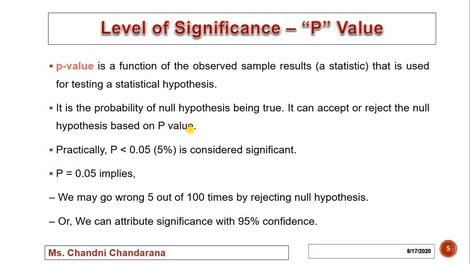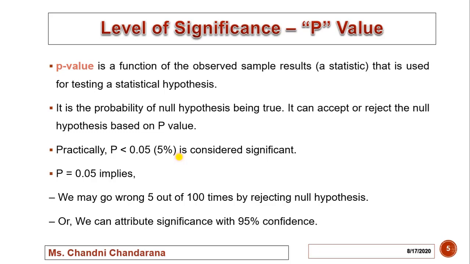How we can test our hypothesis is by p-value, and it will always be given as a percentage. Here that percentage is 5%, meaning the 5% level of significance.